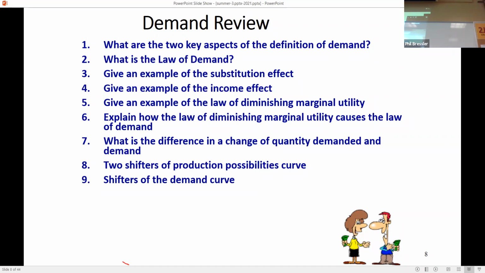Income effect is if price goes up, I can only afford to buy less. For example, Pepsi costs $1 a bottle. I have $10. I could buy 10 bottles. Pepsi goes to $2 a bottle. I can only buy 5.